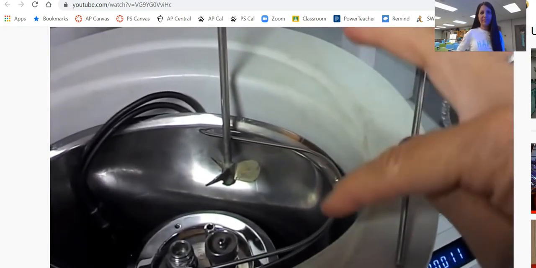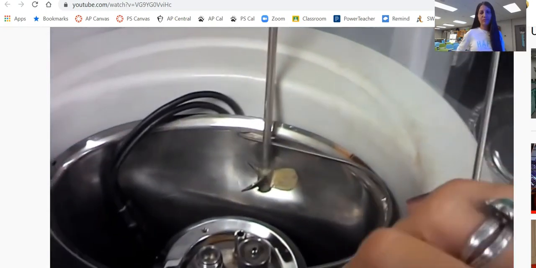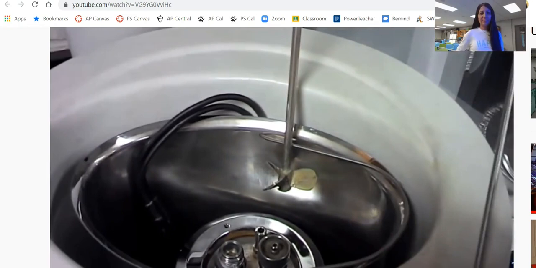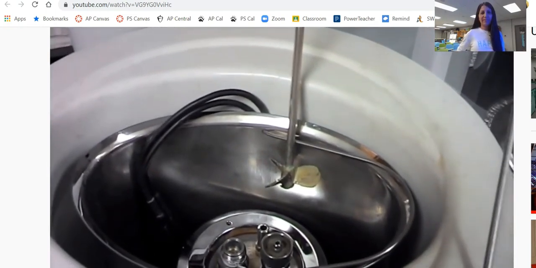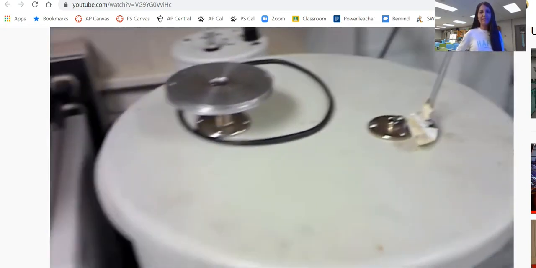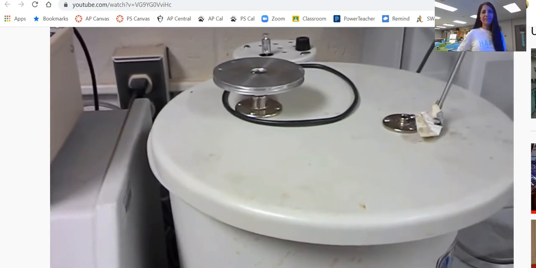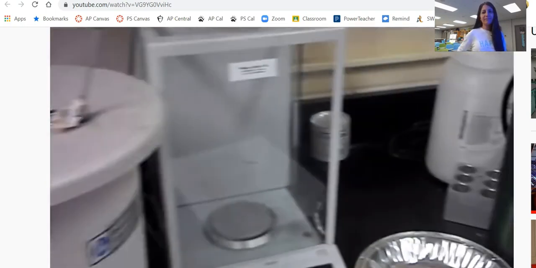This is the temperature probe. This goes down in the water also and measures the change in temperature, because as the sample is burned, it'll give off heat and the temperature of the water will increase. So the lid goes on, the sample is prepared. The last thing that you need to make a combustion reaction happen is oxygen.